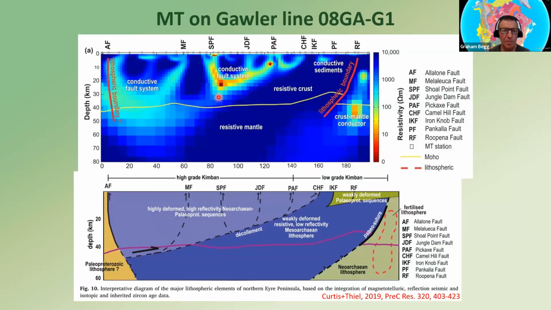The MT is quite spectacular. So this is the MT that's coincident with that seismic line. And you can see here that in the west, where I would nominate a rift, or the inverted rift, you've got a steep conductor, and then you've got a series of shallow, like a décollement with a series of structures coming off it.